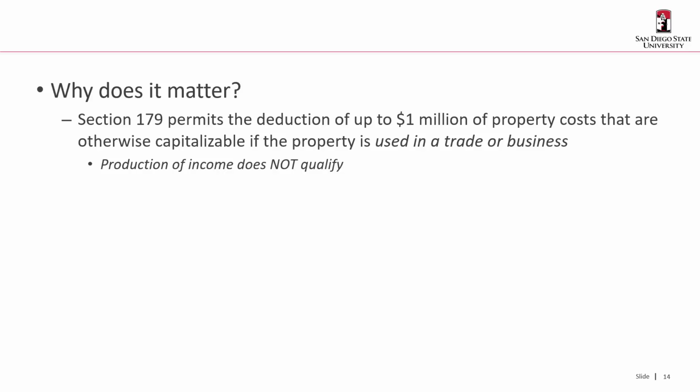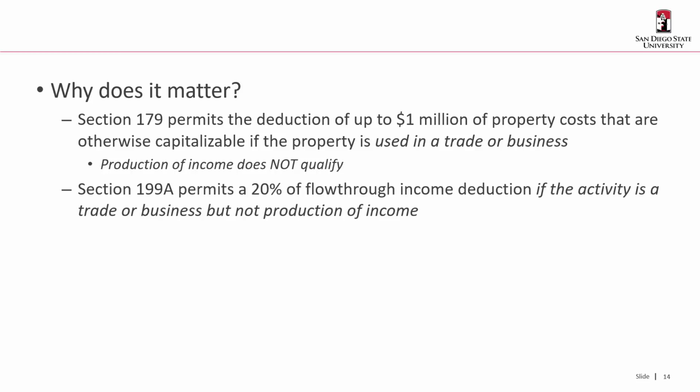So as a result, you can see that in this situation, it could really matter. It's the choice between capitalizing and depreciating under production of income, or perhaps being able to deduct the cost up to $1 million under 179 if it's a trade or business.